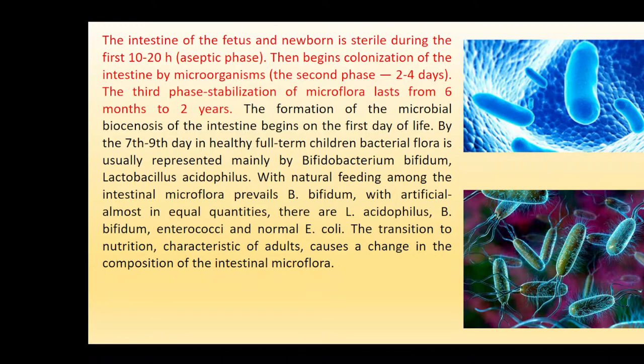With natural feeding, bifidobacterium prevails in the intestinal microflora. With artificial feeding, there are almost equal quantities of lactobacillus acidophilus, enterococci, and normal Escherichia coli. The transition to nutrition characteristic of adults causes a change in the composition of intestinal microflora.